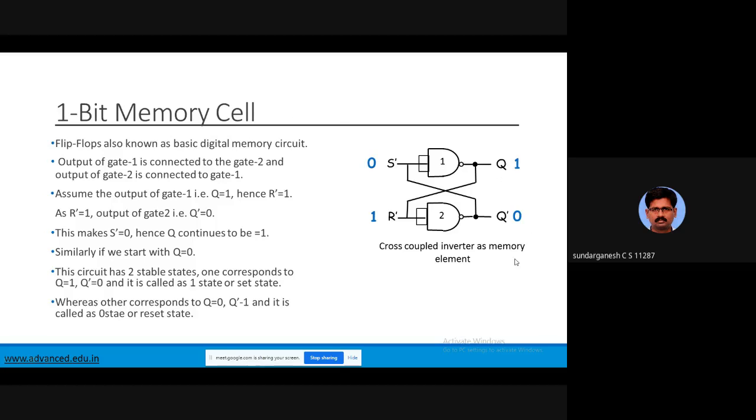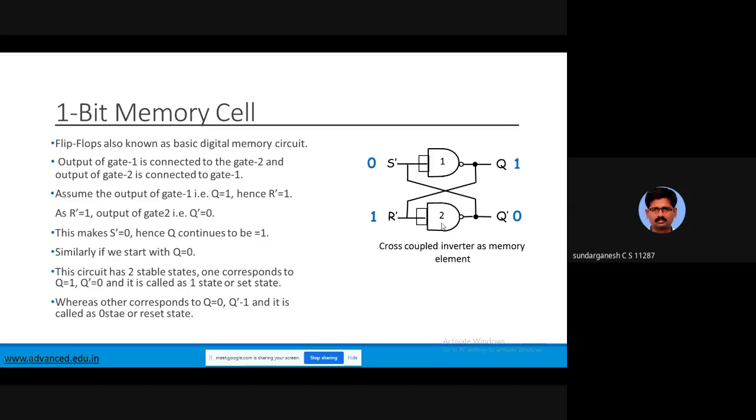The output may be anything. For a particular instant, assume the output Q equals 1 and Q dash equals 0. Q equal to 1 is connected as input to R dash.